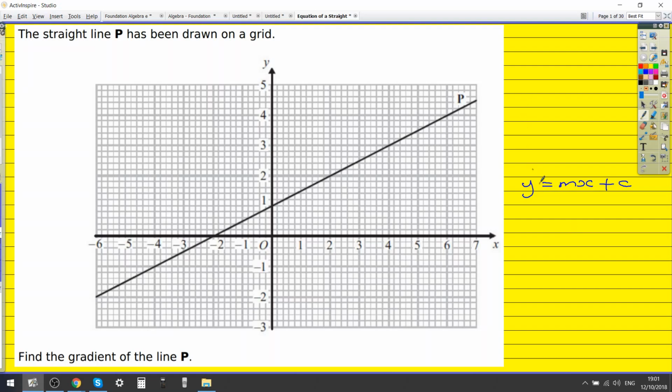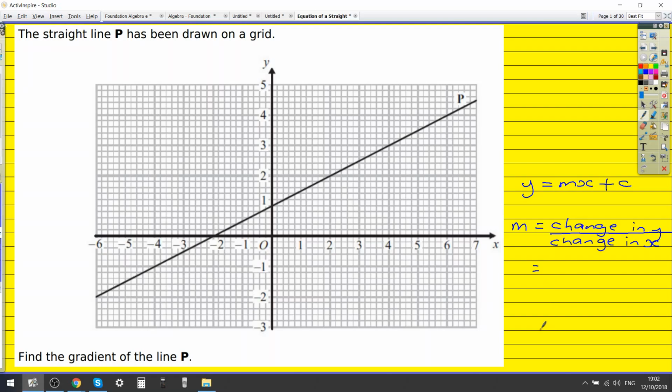No. So gradient is m, the m part, and that is the change in y over change in x. So for this line, what's the change in y?